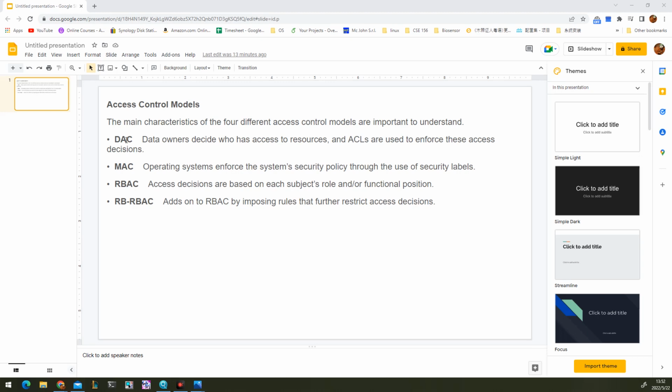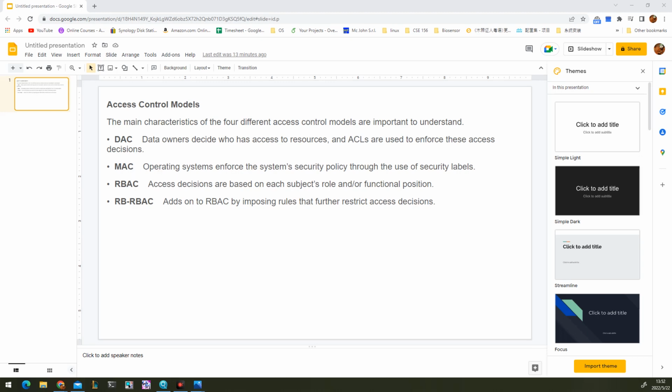This model is called discretionary because the control of the asset is based on the discretion of the owner. So it is based on the owner. The owner assigns the control right to the user, and then the user can access the specified resource.